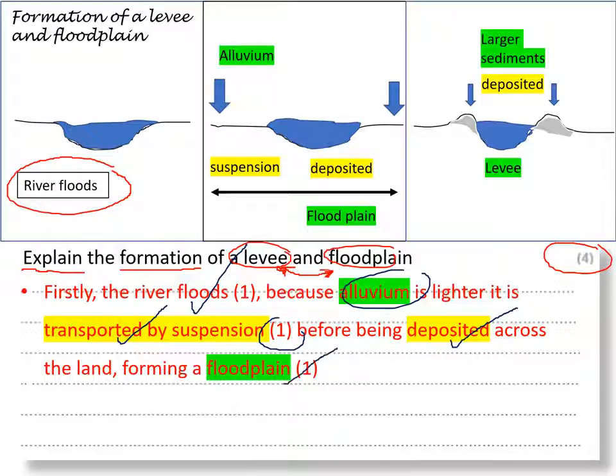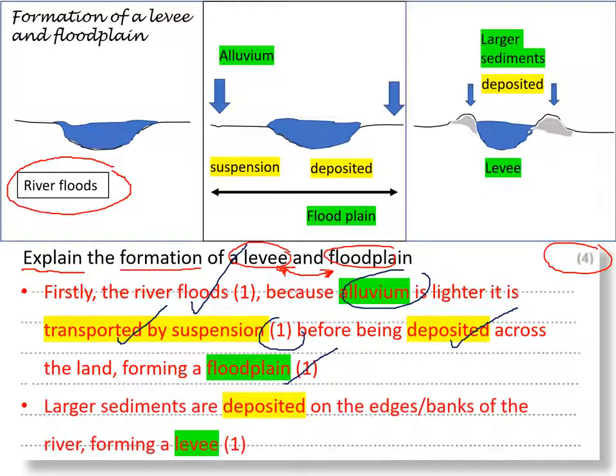Maybe in an ideal world it could be a 6-mark question, but let's just make sure we've got all those things in there. The next bit, larger sediments are deposited on the edges, on the banks, forming a levee. So actually we had 1 mark for the first box, we had 2 marks for the second box, and we had a final mark for the third box. Give yourselves a mark out of 4 and green pen anything that you didn't include.